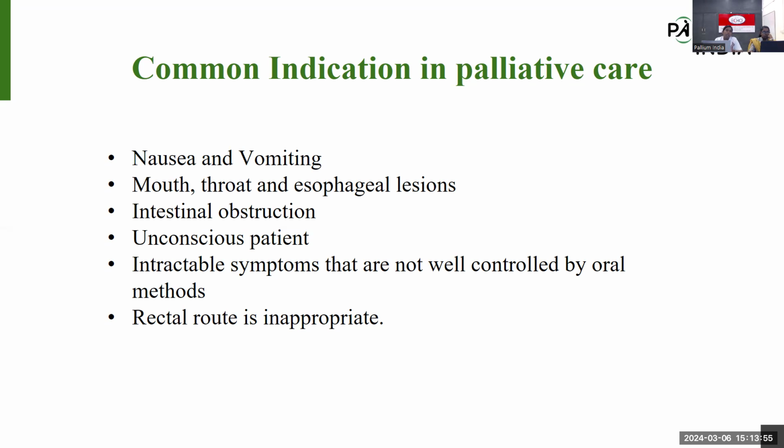We can give the same oral morphine dose rectally. We will instruct the caregiver or patient to make it into a paste form and advise them to give it rectally. It is the same as the oral dose and absorption is the same, so we can give it rectally. But we know the most common side effect of morphine is constipation.